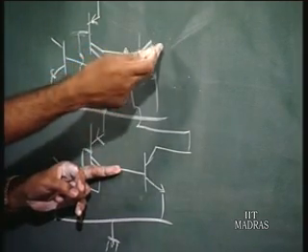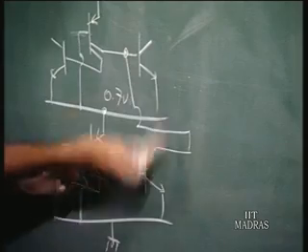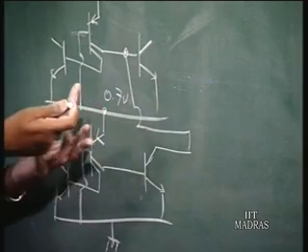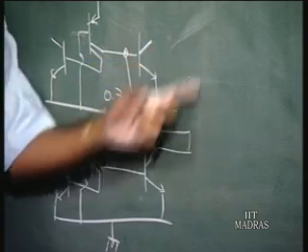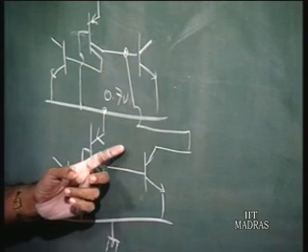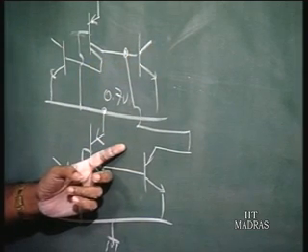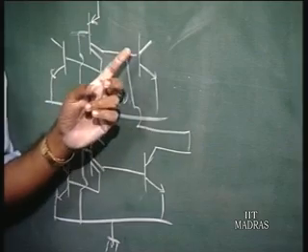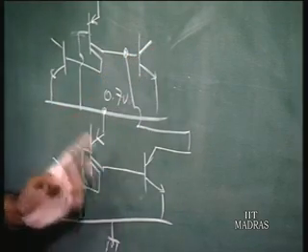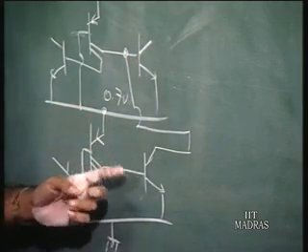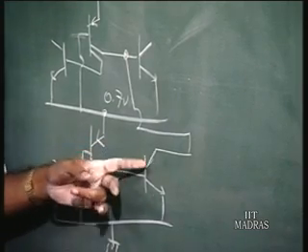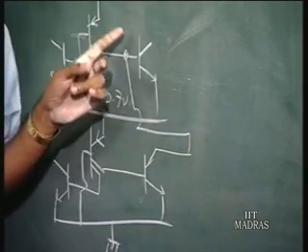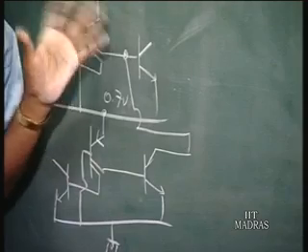So level shifting is necessary if you are feeding the output of an upper level transistor to a lower level transistor, I mean the collector of an upper level transistor fed as input to a lower level. But if you are feeding the collector of a lower level transistor as input to the upper level, it is not necessary.